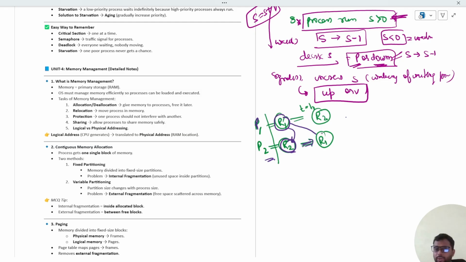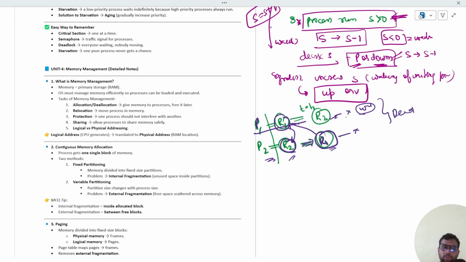For completion, it requires another resource R1, which is held by P1. So P1 will stop execution, and P2 will also stop execution. They will be in the waiting status. P1 will wait for R2 to get free, which will never happen because it is held by P2, and P2 will wait for R1 to get free, which will never happen because it is held by P1. This situation is known as deadlock.